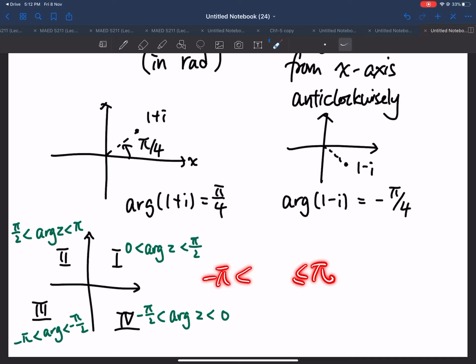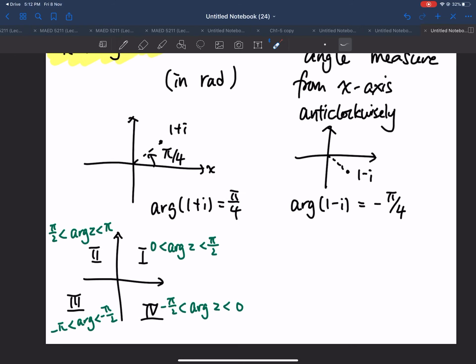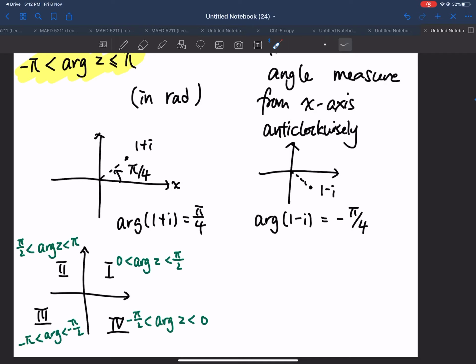Let me talk about a few other identities. Although you may not need them in the exam, these identities may be useful.